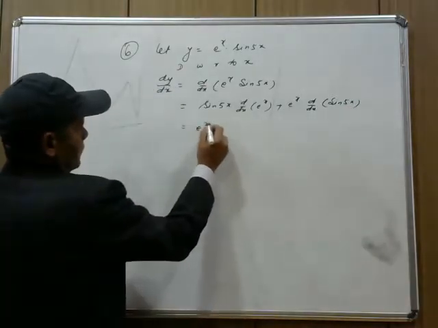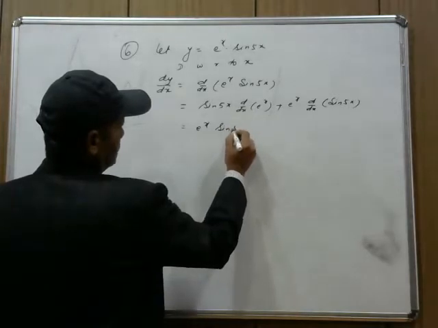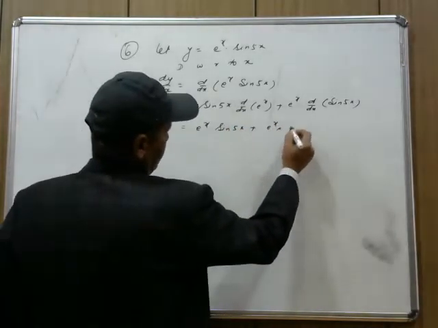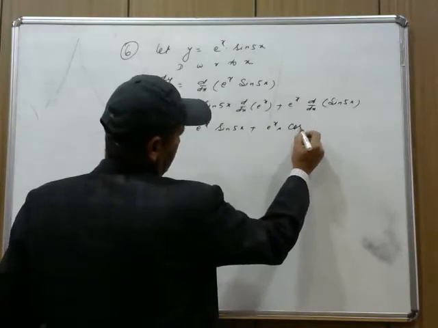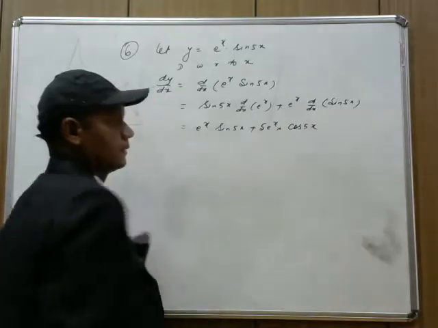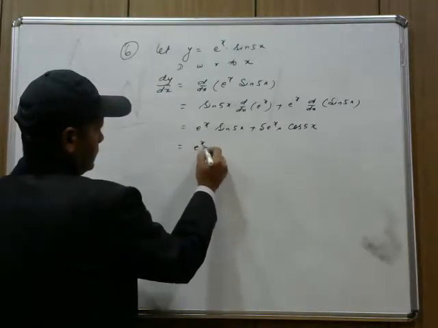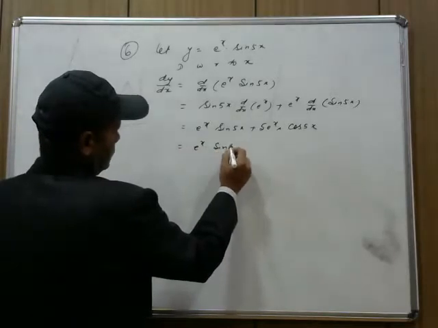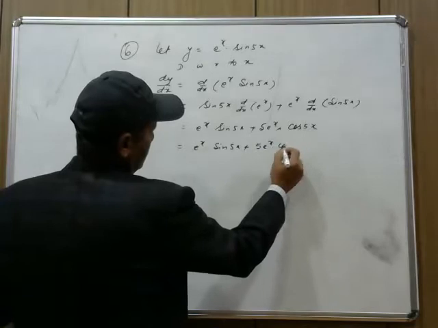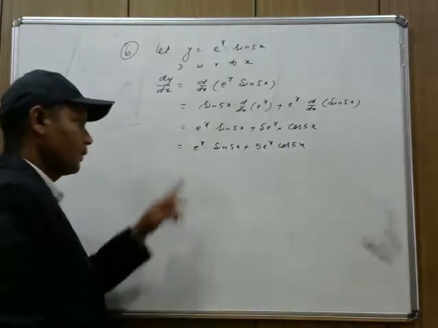This will give you e to the power x into sin 5x plus e to the power x into cos 5x into 5. Therefore, we will get now here e to the power x into sin 5x plus 5 e to the power x into cos 5x. Now here again e to the power x can I have common?